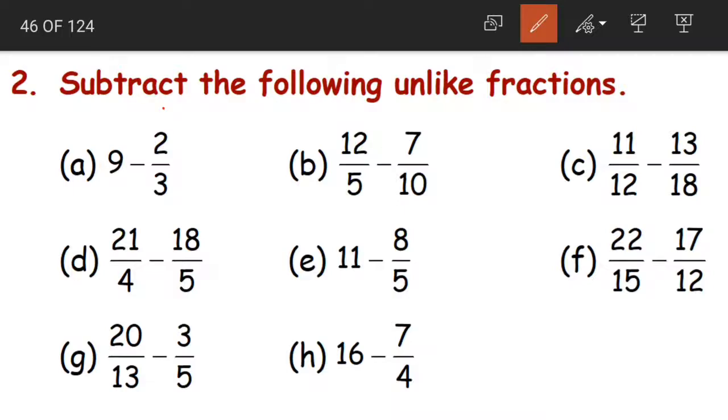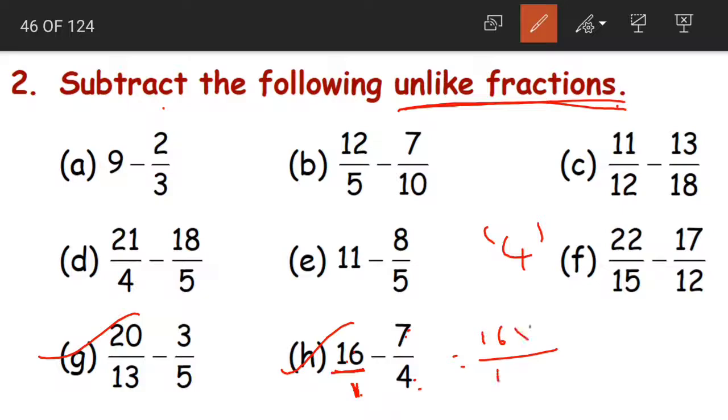Now coming to again subtract the following unlike fractions. Again I will solve the two G and H for you. You may solve the remaining problems. Now 16 minus 7 by 4. As I said, 16 is nothing but 16 by 1. The LCM of 1 and 4 will become 4.